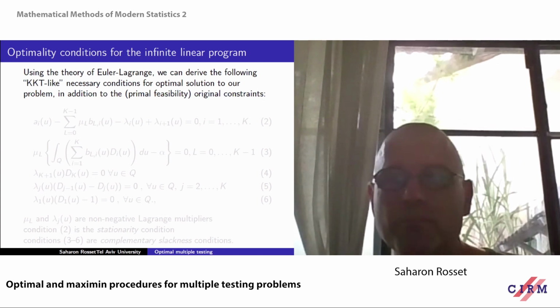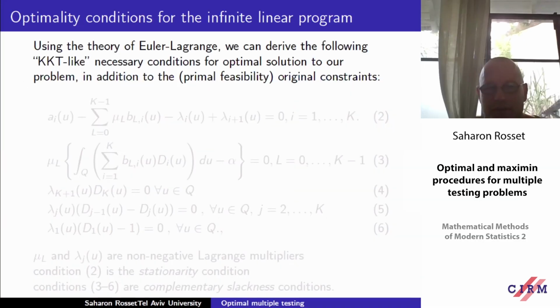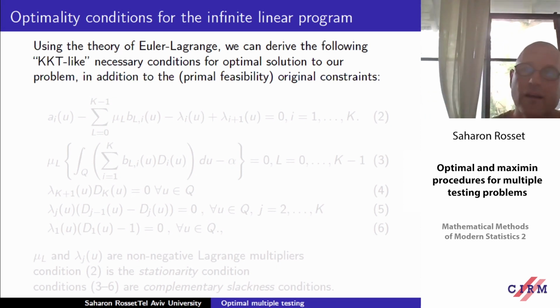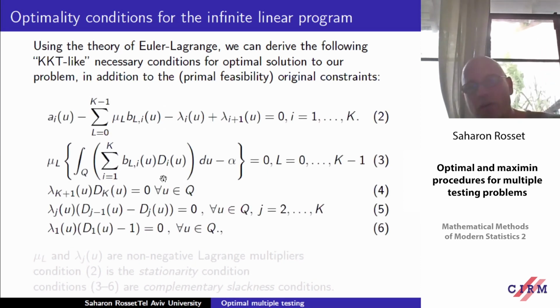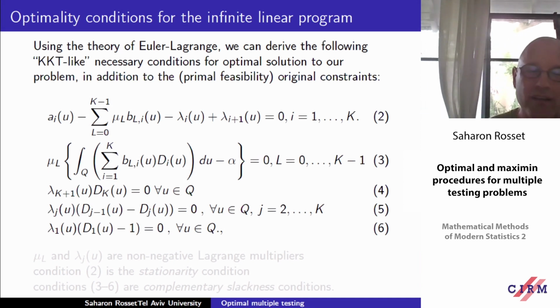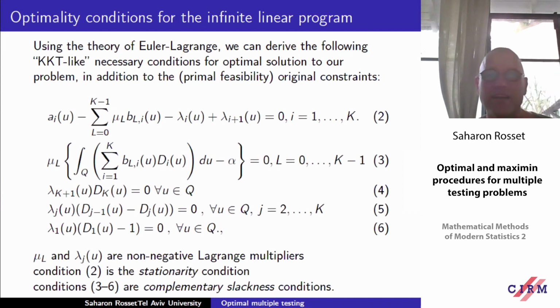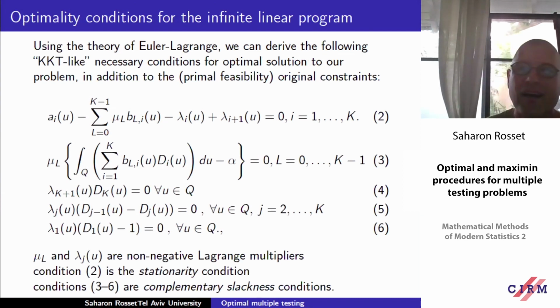The important difference is that for the infinite case, these conditions are not necessary and sufficient, as in the finite case. They are only necessary. So this is a view of what the optimality conditions look like when we present them in the same way that we're used to looking at the KKT conditions. I'm not going to give any details.